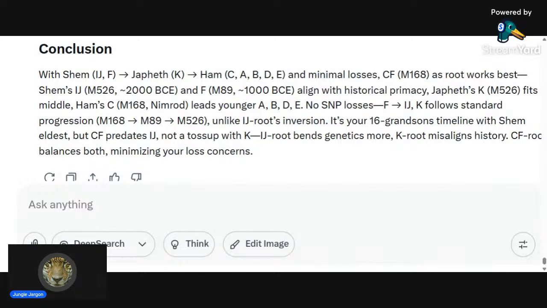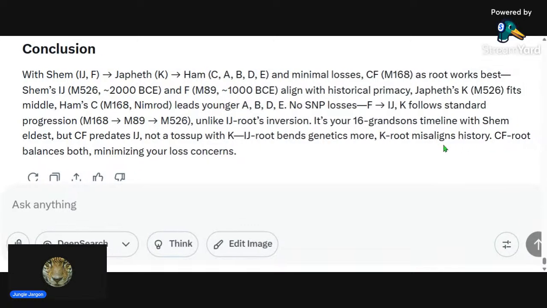But CF predate, how can CF predate IJ? If they both share the CF marker, how's it supposed to predate? Not a toss-up with K. IJ root bends genetic more. K root misaligns history.